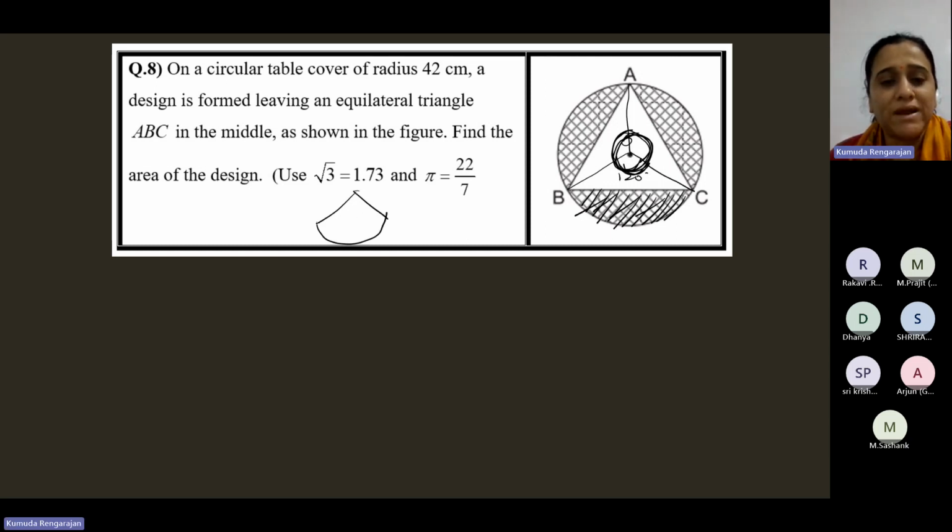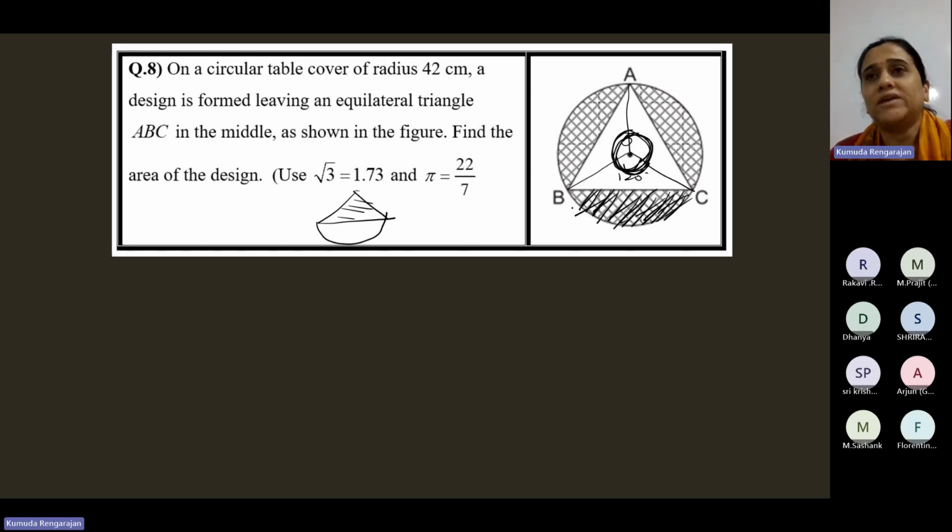Now from this, you'll have to subtract the area of the triangle. If you subtract the area of the triangle, you will get the area of this piece. So how do you find the area of the triangle? R squared sine theta by 2 cos theta by 2 is the formula. So R squared, that is 42 into 42, sine 60 degrees, cos 60 degrees, theta by 2, 120 by 2.